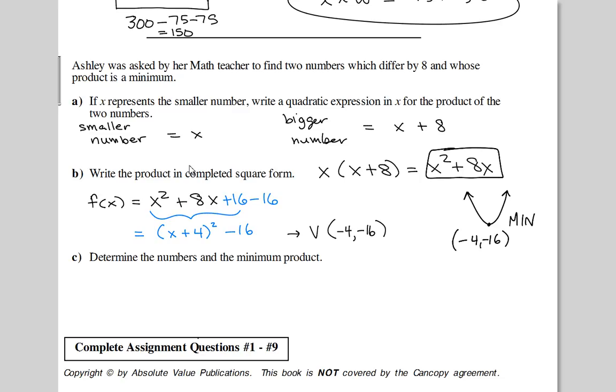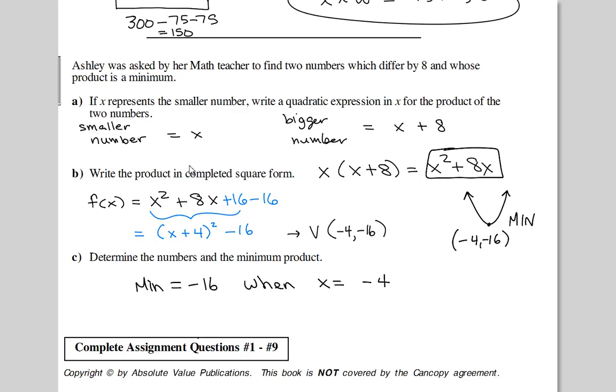Determine the numbers and the minimum product. Well, if the minimum product is negative 16, minimum equals negative 16 when x equals negative 4.